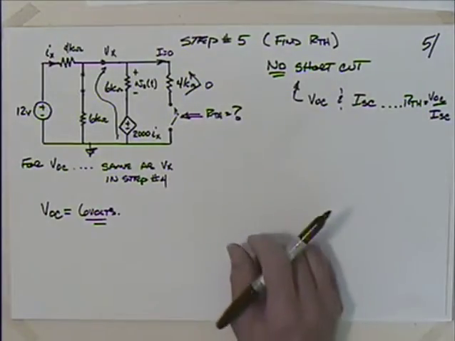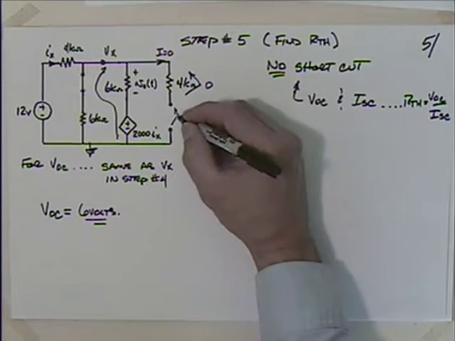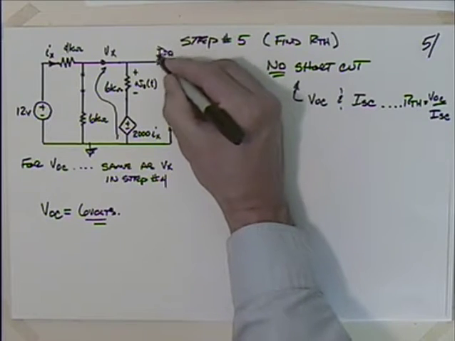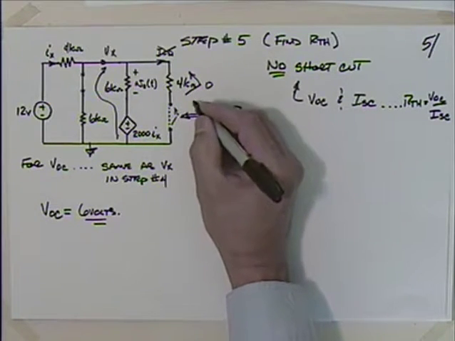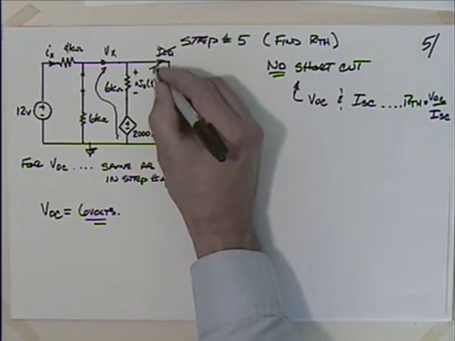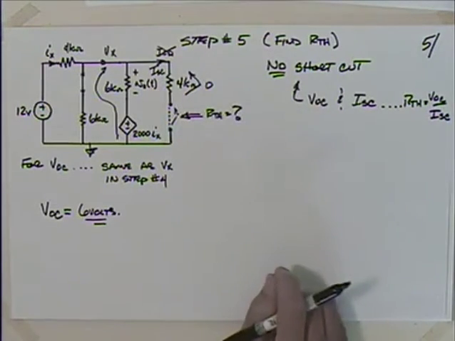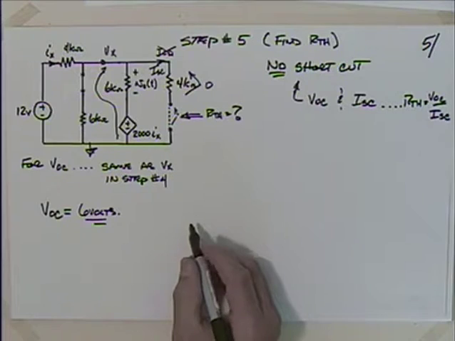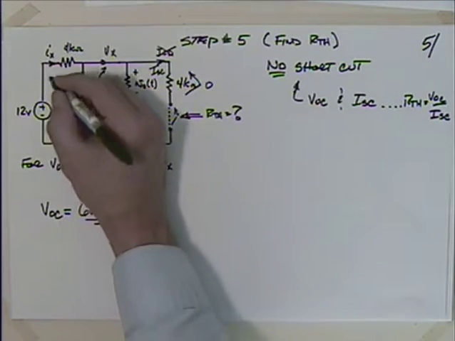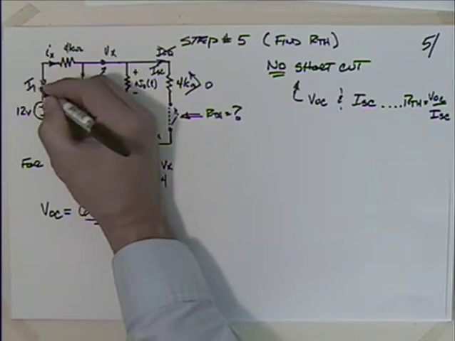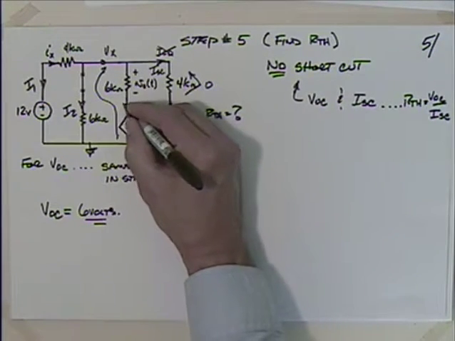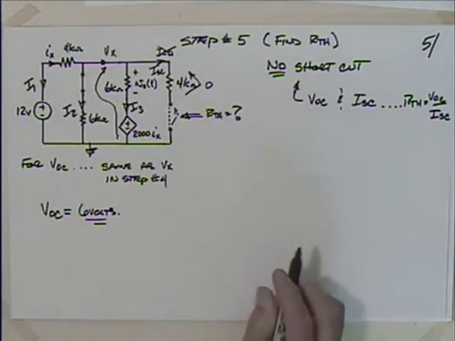I still got to find I short circuit, don't I? So if I put this short across here, and I start looking for I short circuit, I could do this problem again. I'll take I1 and I2 and I3.